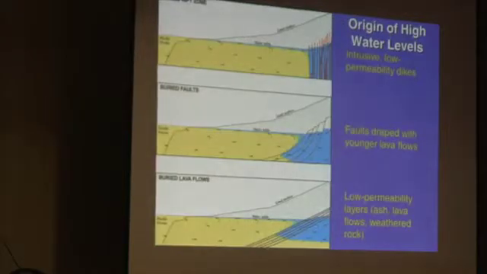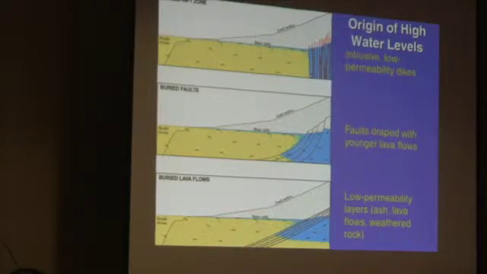Okay, next slide. In terms of the inland high-level groundwater system, we don't know exactly what's causing it. There may be some low permeability intrusive dikes. These are kind of vertical sheets of intrusive volcanic rock. The middle panel shows faults that could be causing these head discontinuities.